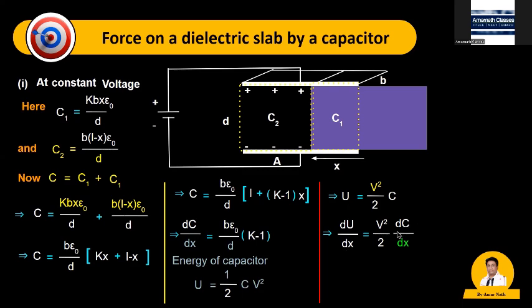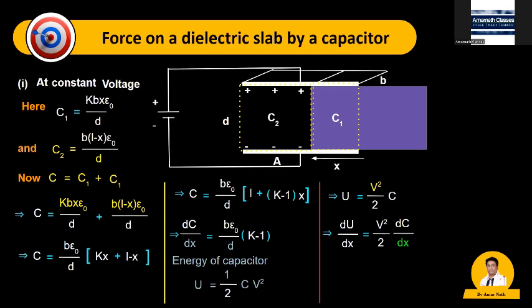Why have I derived this? Because I know this is nothing but the force, actually the negative of the force. The negative gradient of the energy is called the conservative force, as we have discussed already in the work energy theorem chapter.